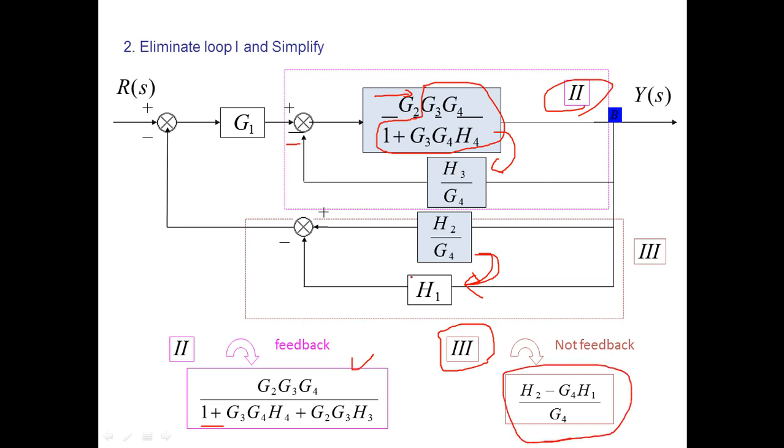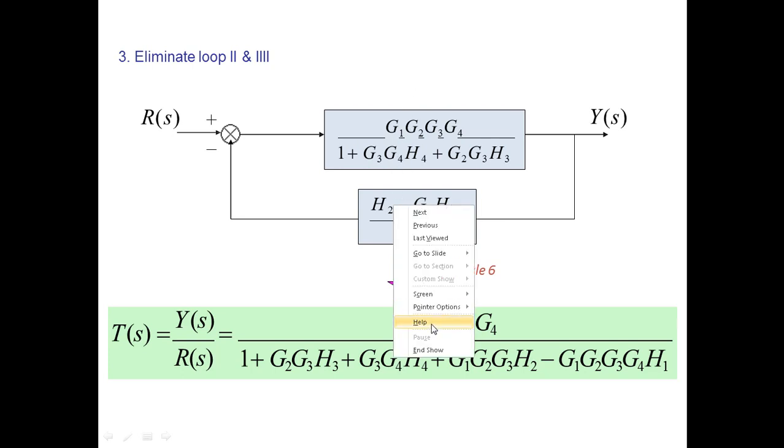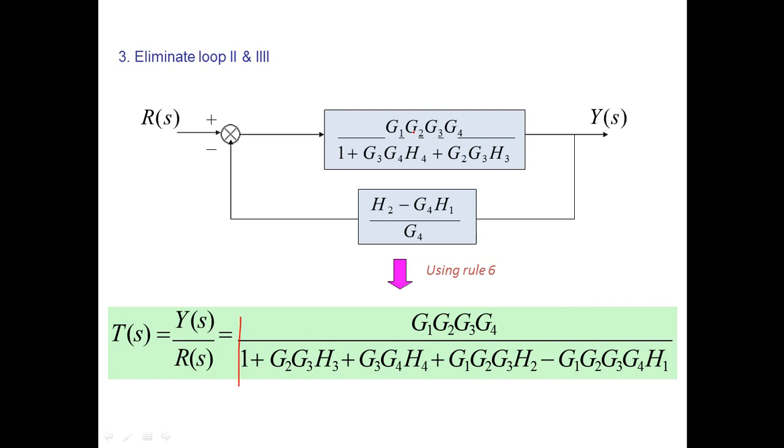Now you have got two different loops, and you just have to apply the same closed loop transfer function another time, and when you apply it, you get this equation. Let's say this is again your A and this is your B, so the same formula will be applied: A divided by 1 plus AB.